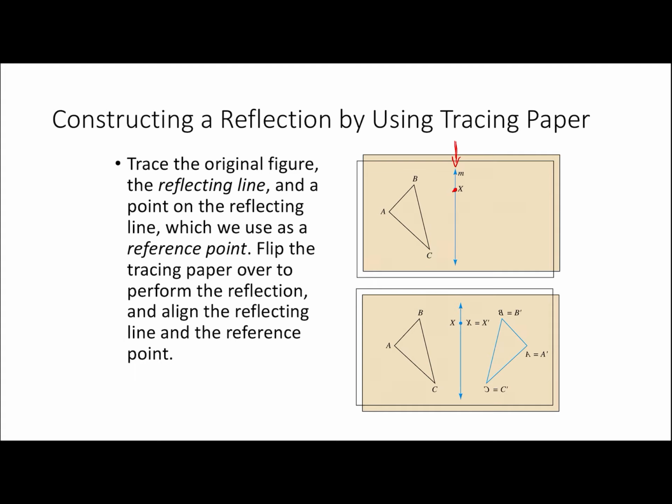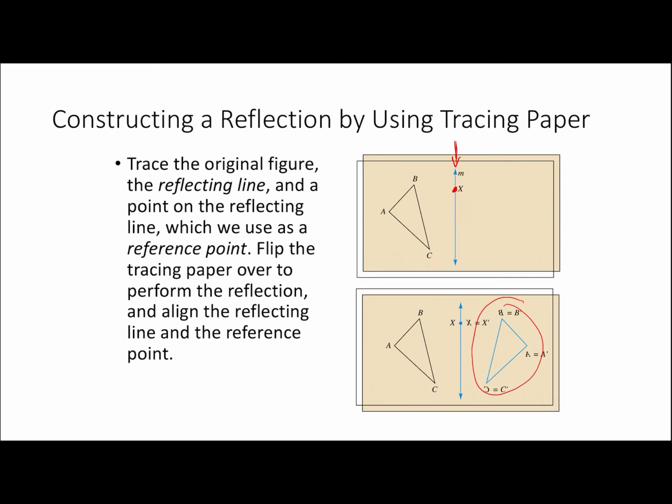And so what you would do is on your trace paper, you would trace your original triangle, and then you would flip your trace paper over, and you would put this point X back on top of itself and the reflecting line back on top of itself, and you would draw that figure again. And so what you would have is this as your reflected image.